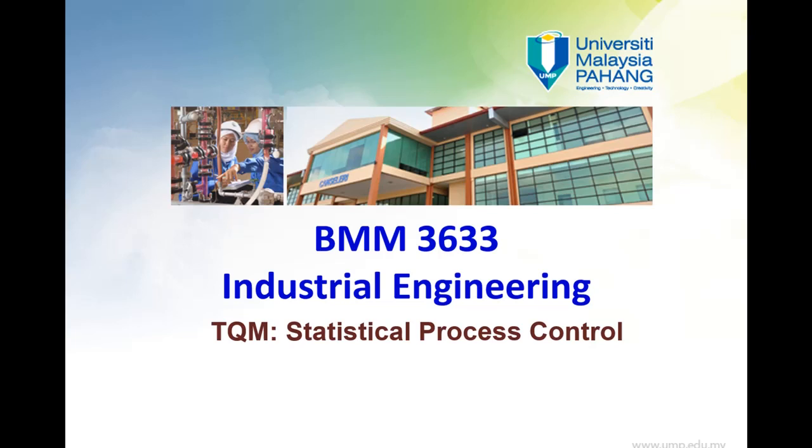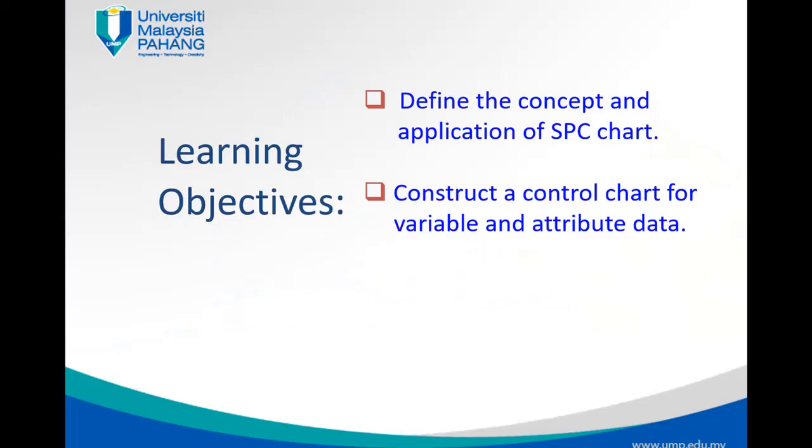Alright, so today we are still discussing chapter 2, total quality management, and we are going to discuss statistical process control. These are the learning objectives.